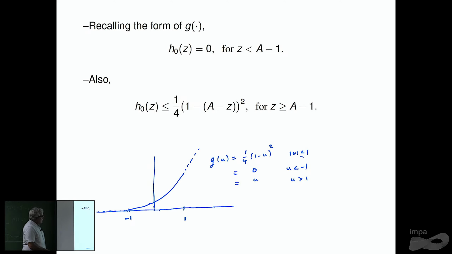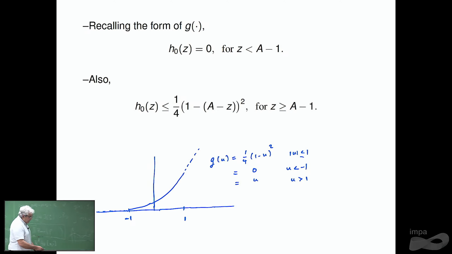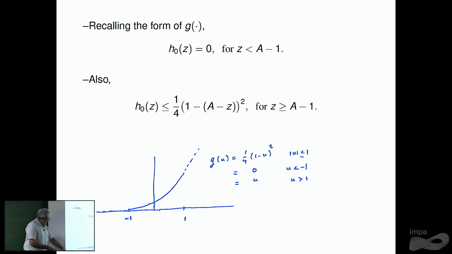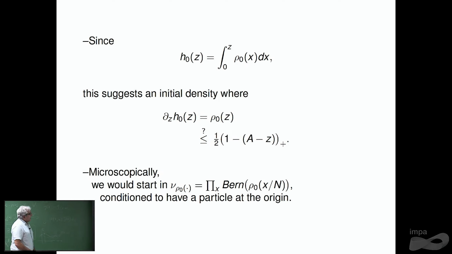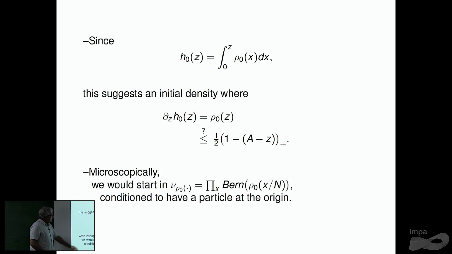If you differentiate this, you should get back the density, and that's the picture that we mentioned. So this tells us the continuum density, what it should be.